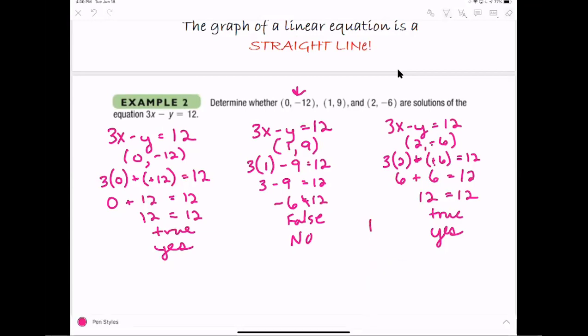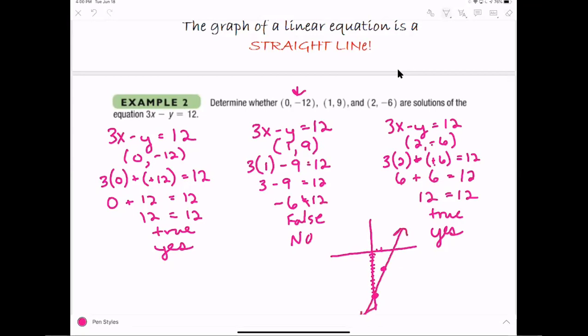All right, so let's do 1, 2, 3, 4, 5, 6, 7, 8, 9, 10, 11, 12. So I would have a point here. And then we said 2 over 2, and up 6. Let's just estimate. So this would be our line.